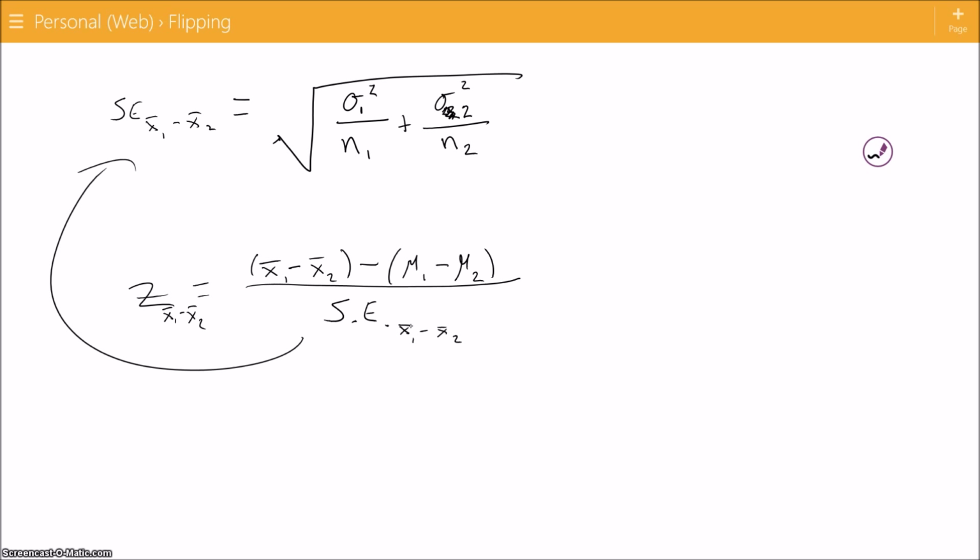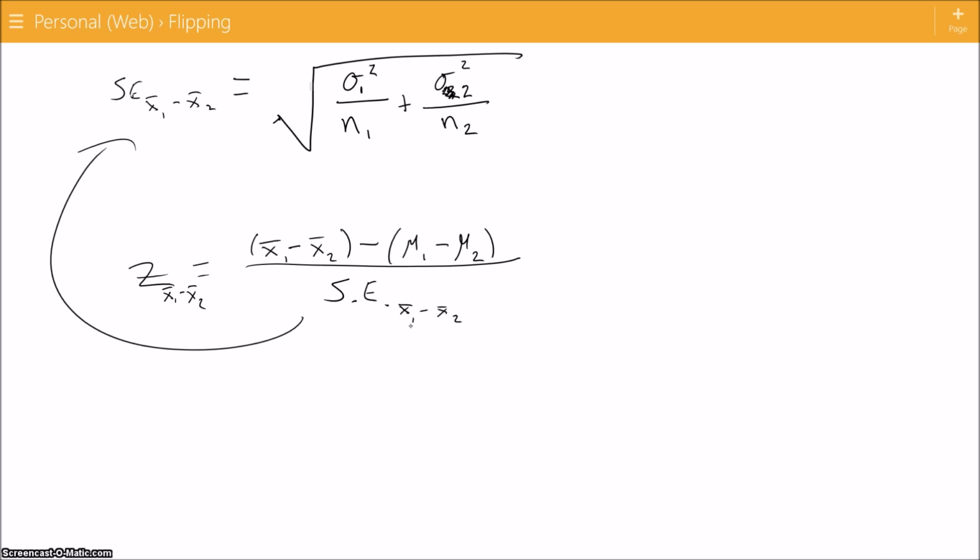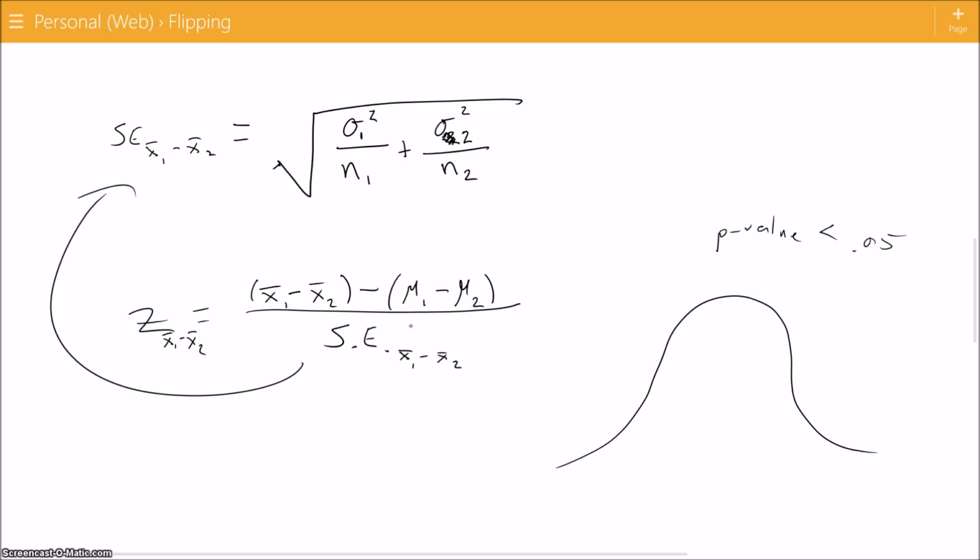That's it. Once we've got that, we will get a z-score. Use your z-score on the standard distribution table, and we will be looking for the same type of p-value here. Basically, to date, we have been curious if the p-value is less than 0.05. If it is, that is statistically significant. We have said that's the threshold that we have set.